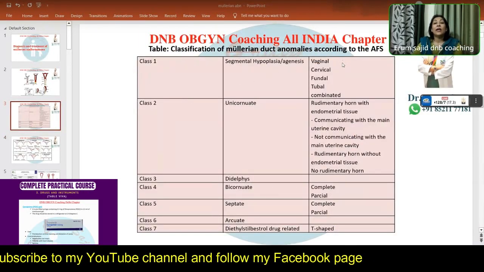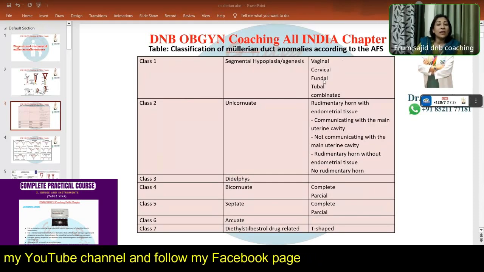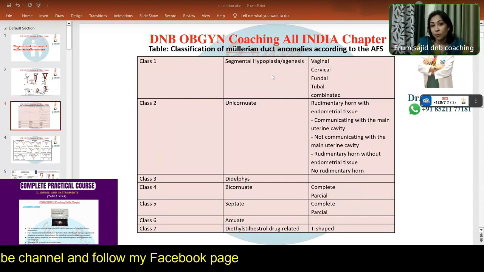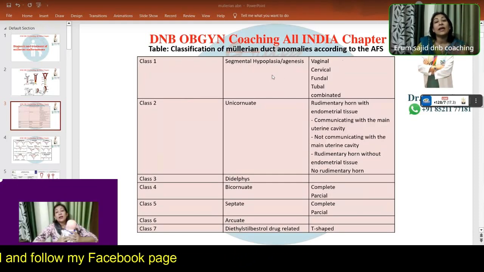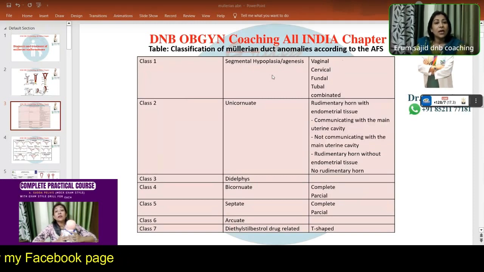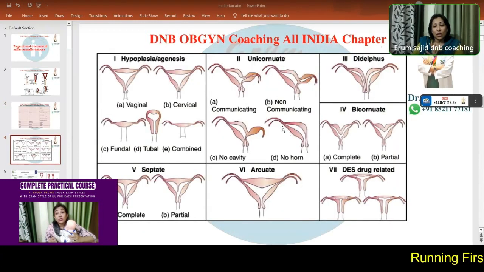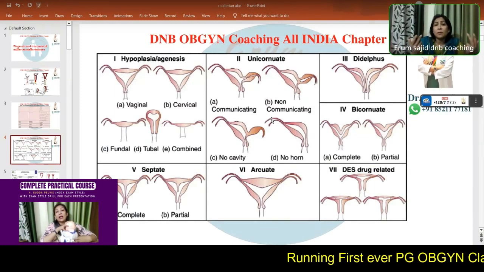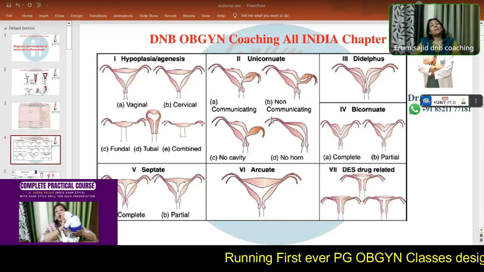It could be vaginal, cervical, fundal, it's basically a hypoplastic uterus, cervix, vagina, or even just tubes. So it's class 1. Class 2 is unicornuate. But I feel this is a better slide for me to teach you. This one. Why? Because it's pictorial. You tend to remember better. So let's take up this first.